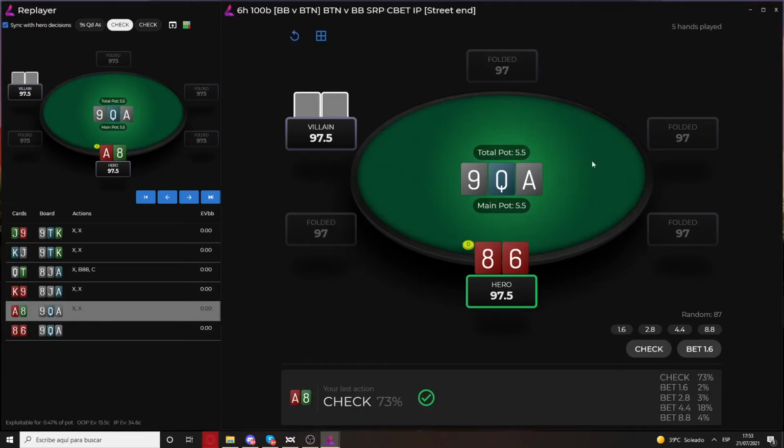Now we have 8-6. Overall, this is a garbage hand. We're actually blocking a lot of the auto folds, which is not good. Good thing is that we are blocking some gut shots, and also we do have a kind of a meh backdoor straight draw. So not all is bad with this hand.